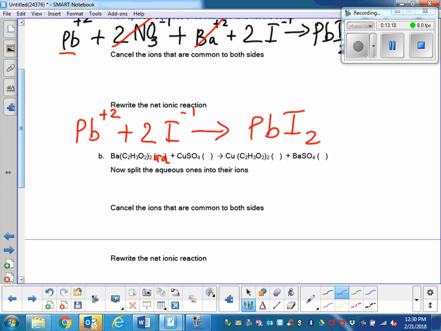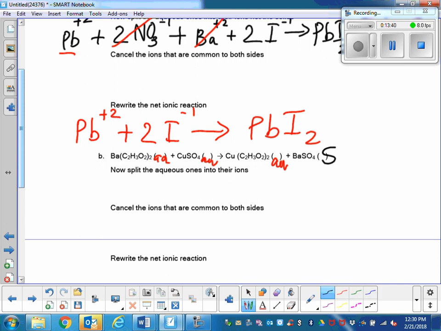AQ. Vanessa, did you help? What is copper acetate? AQ. Okay. Who's on this side? Karina, what is BaSO4? S. So BaSO4 is an S.